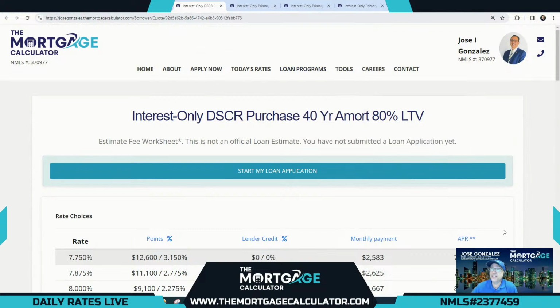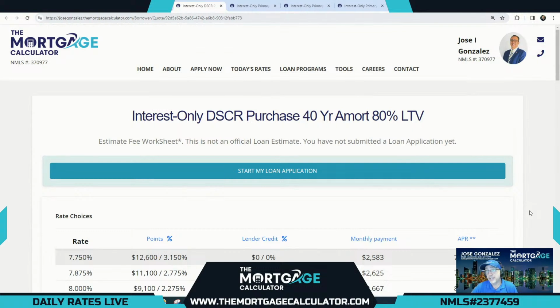Now, let's go into some DSCR options for our final three examples here. DSCR is our flagship program and the most popular investor financing program because, as Nick showed you just a minute ago in the rates, the DSCR rates are pretty much competing with the full doc agency rates, even though we are using the gross rental income generated by the property to qualify the borrower.